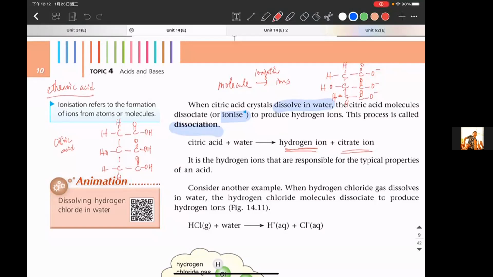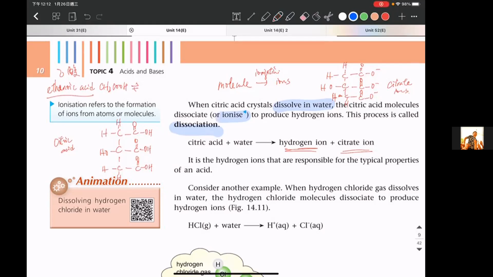Ethanoic acid, with 2 carbons. What is the structure? It is CH3COOH.